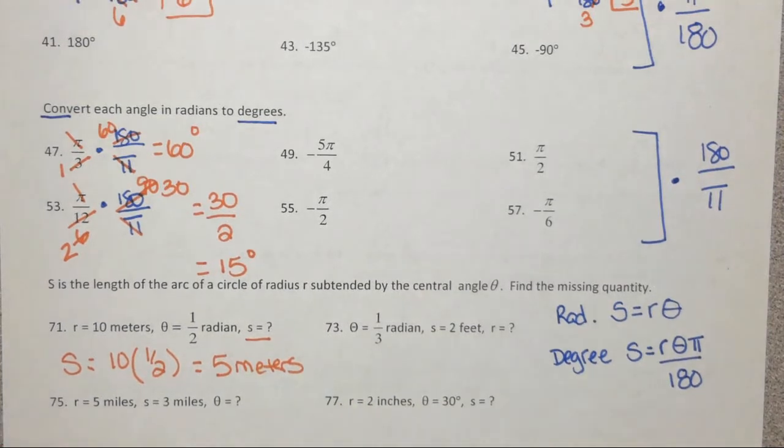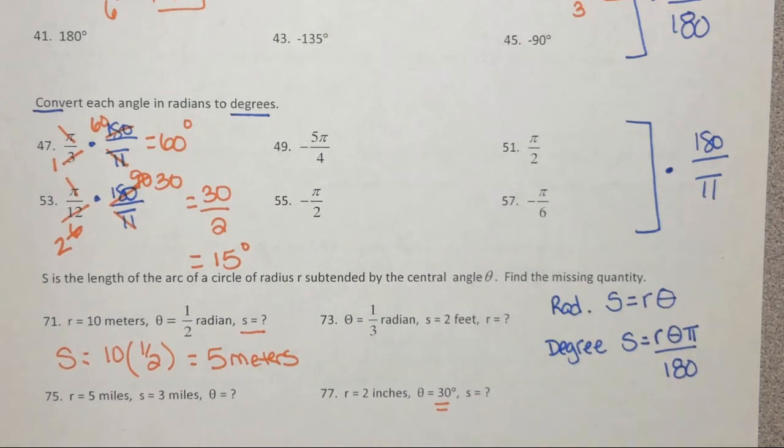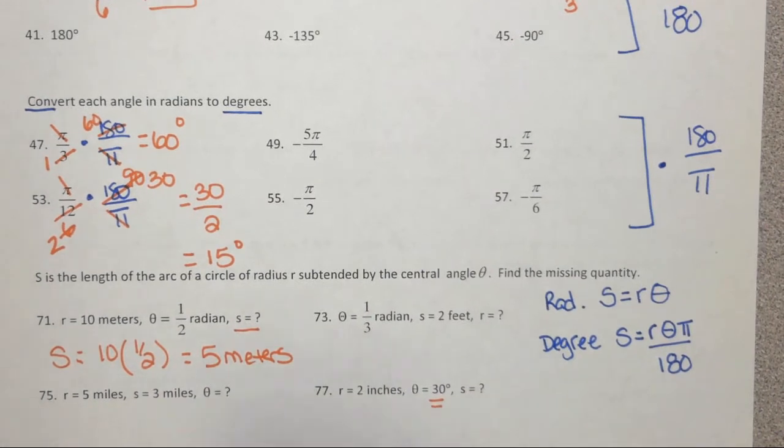And that's it. It's that easy. You're going to plug in the same thing for 73, but this time we're solving for r. We're going to plug in again for 75, but we're solving for theta. We're going to plug in for 77, but on 77, it's in degrees, and we're going to solve for S.